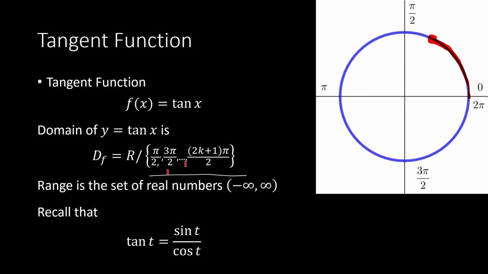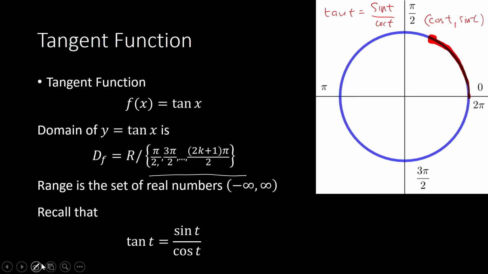And this arc has a terminal point. And guess what? The first coordinate of that terminal point is cosine of t. The second coordinate of that point is sine of t. So if you want to get tangent of t, all you have to do is compute sine of t divided by cosine of t.